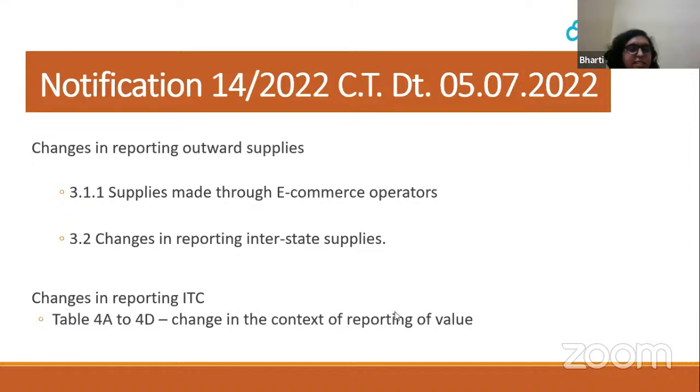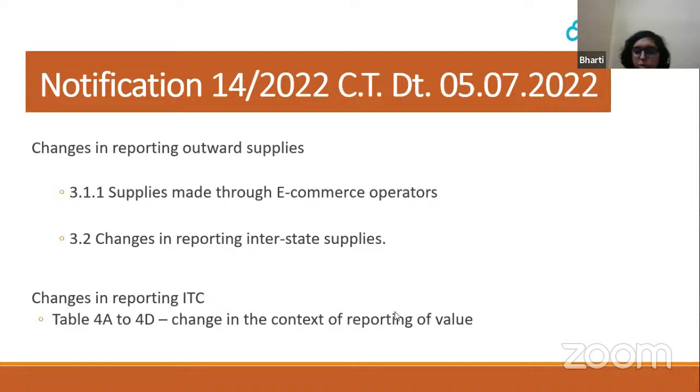The changes in reporting outward supplies: table 3.1.1 is introduced, which will have the information on supplies made through e-commerce operators. It will also have an effect on table 3.2, in which reporting of interstate supplies is done.